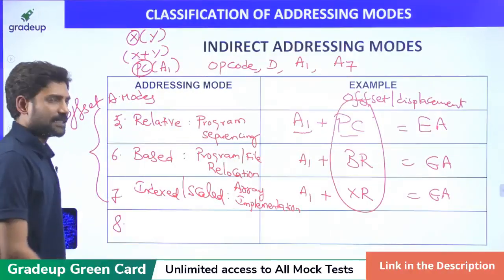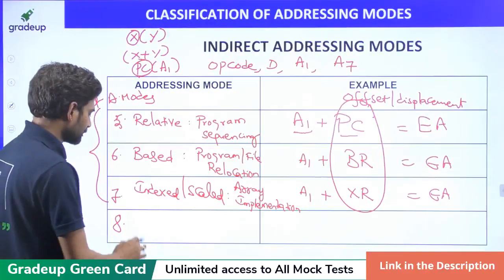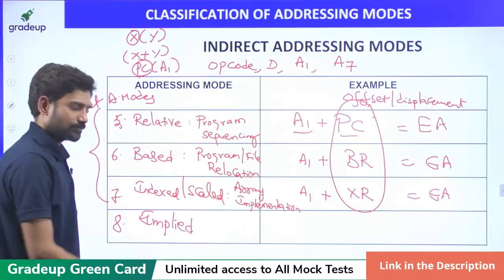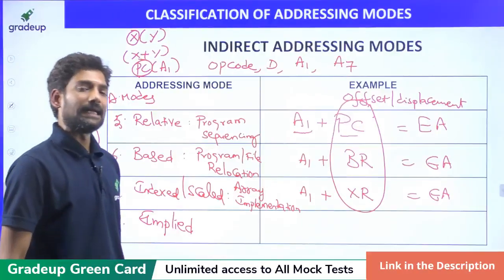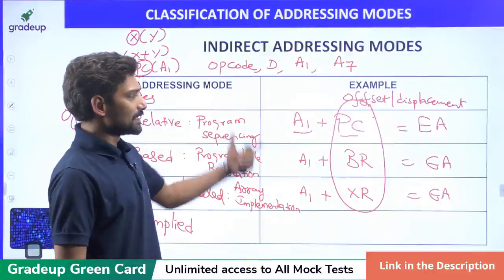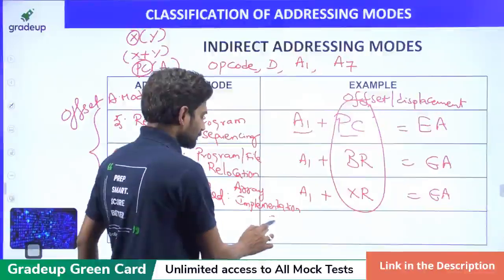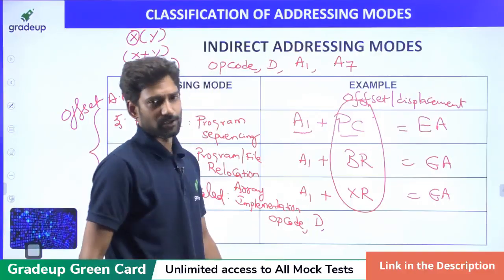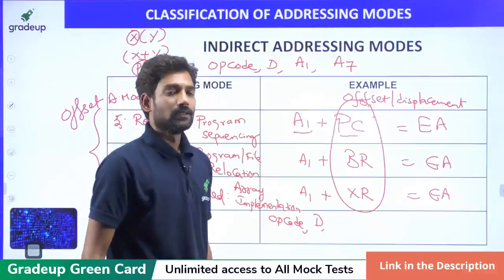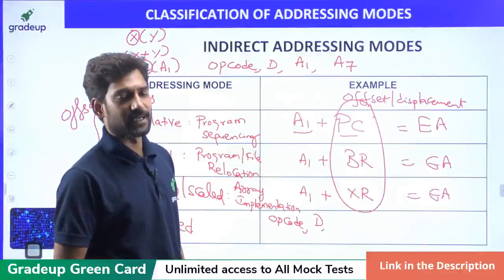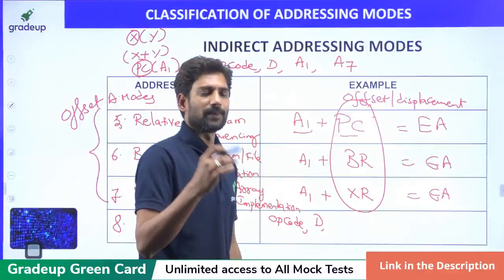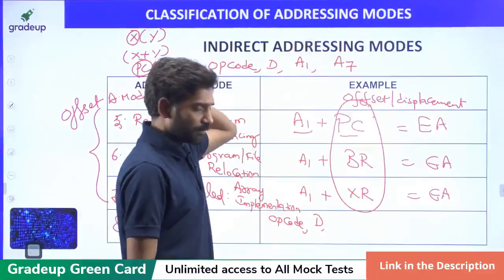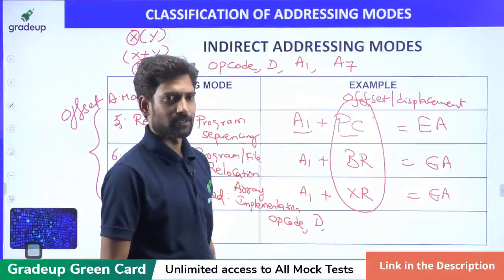And the last indirect addressing mode is implied addressing mode. What is implied addressing mode? You are writing some opcode followed by some destination and source operands. How are you presenting the source operands? You are not presenting the source operands with an address, or in many of the forms we have discussed.